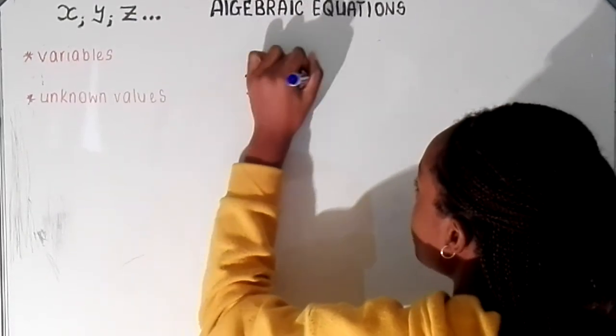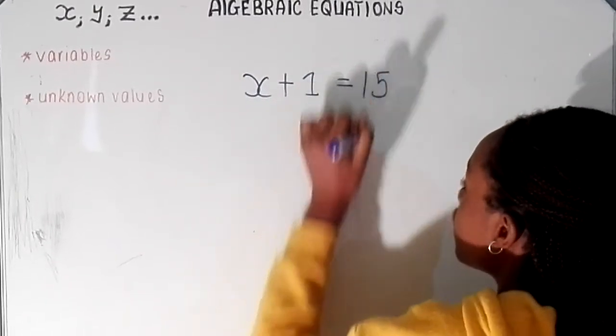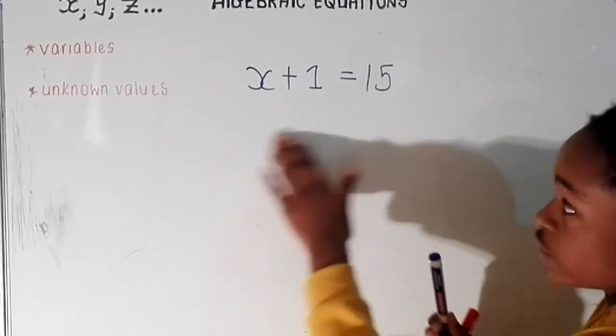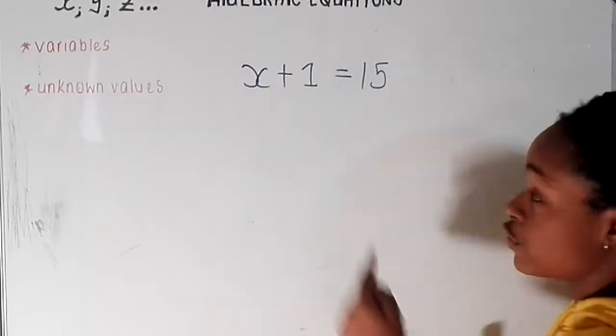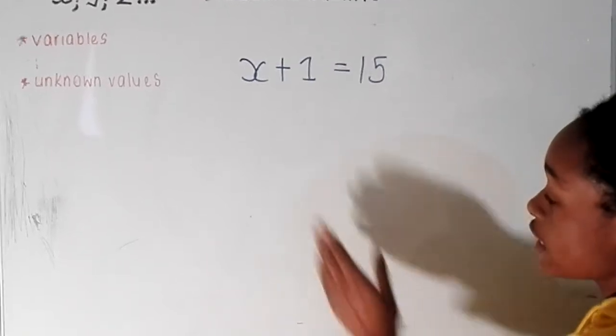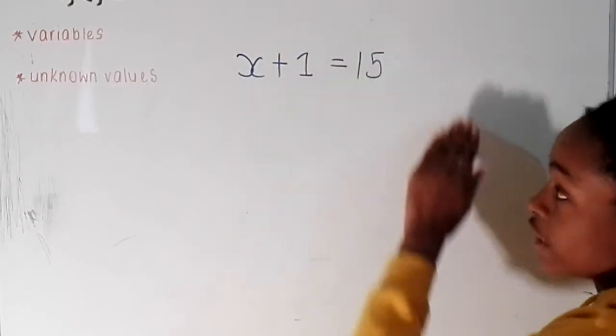x plus 1 is equal to 15. Feel free to pause this video and try this example. Okay, again, x is our unknown value. So we're solving for x. And we want x to be alone on one side of the equal sign and everything else on the other side.